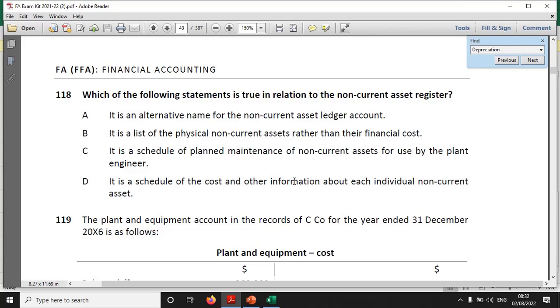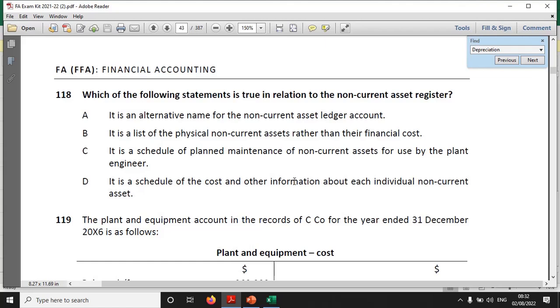I think there's something wrong again with that particular statement. So specific. It's not just supposed to be used for planned maintenance and so on and so forth. If D is not the answer, there is no answer for this particular one.